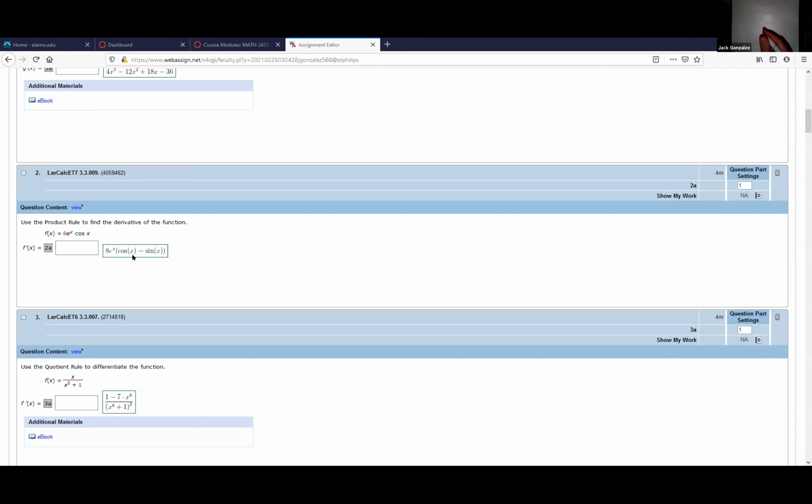Write it down real quick. So again, I'm going to use y just because that's the notation that I'm using. So I'm going to say, for example, y of x is equal to 8e^x times cosine x.